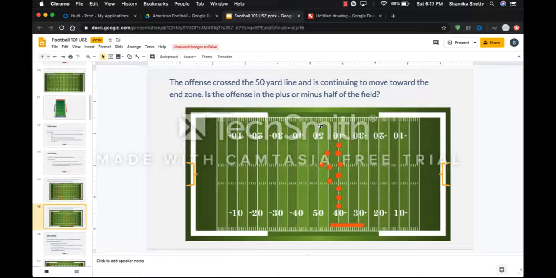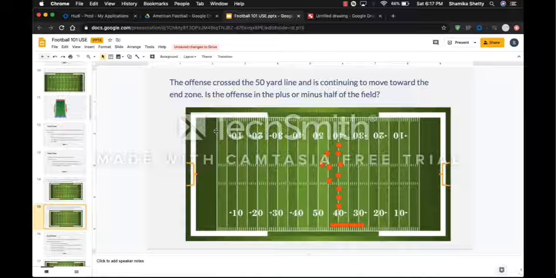Now here you can see 40. So this is the 40 yard line, and the yard line between 40 and 50, right next to 50, is 49. But this will be a positive 49. If it was before this 50, this was minus 49.